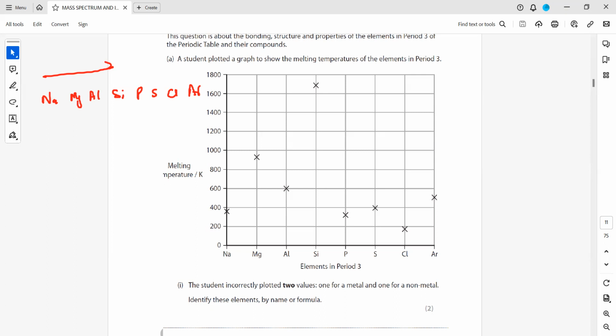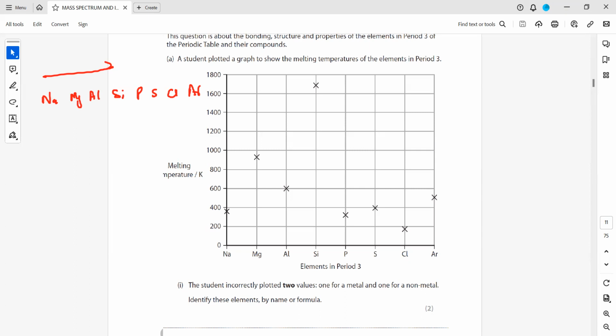The melting point increases. And why does the melting point increase as we move across? Because the first three elements have metallic bonding, and metallic bonding gets stronger as we move across the period. And the fourth element in this series is silicon, which belongs to group 4, so it has a giant structure.